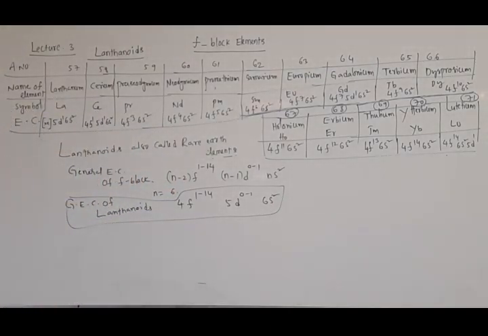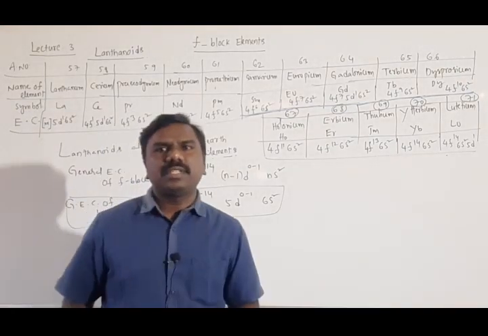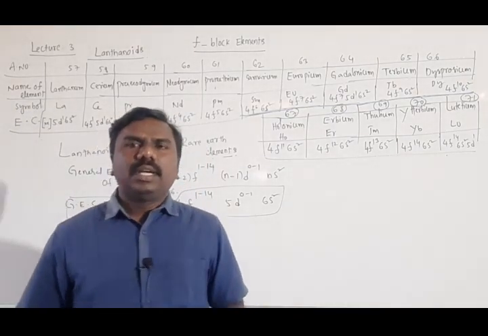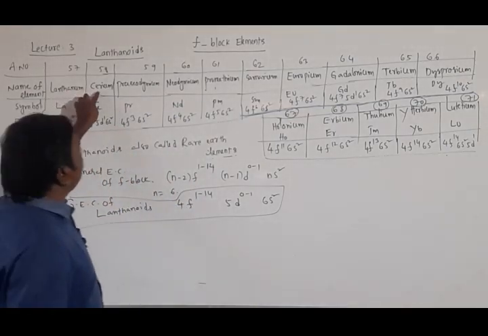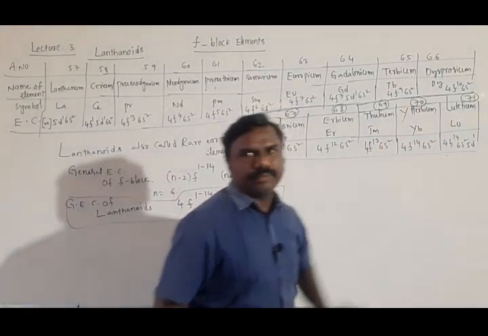So next, what are the elements present in the first series, the 4f series in the F block? The 4f series is called lanthanoids, from cerium to lutetium.